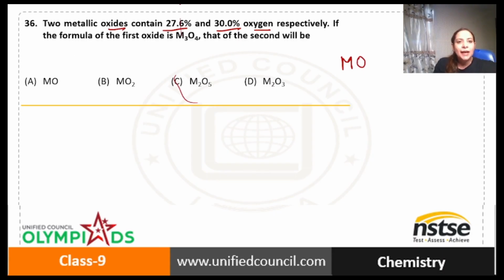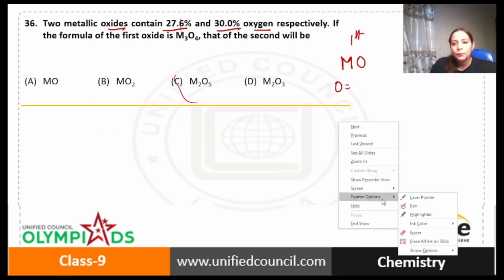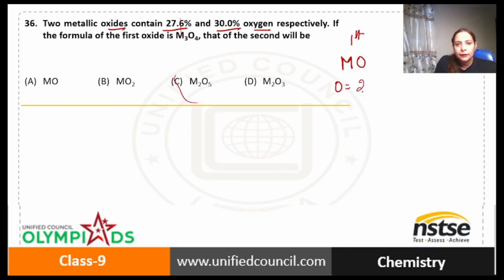It is given that in the first metallic oxide the percentage of oxygen is 27.6%. And in the second, the percentage of oxygen is 30.0%.